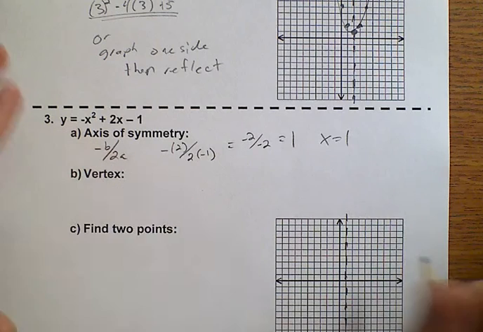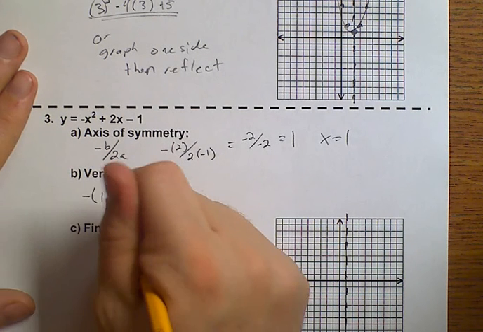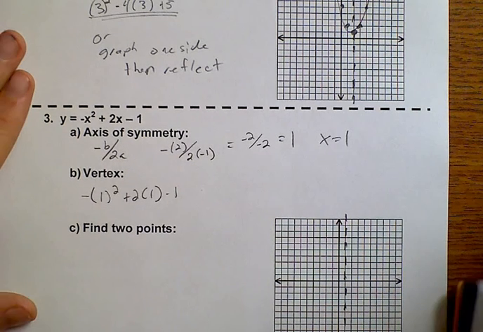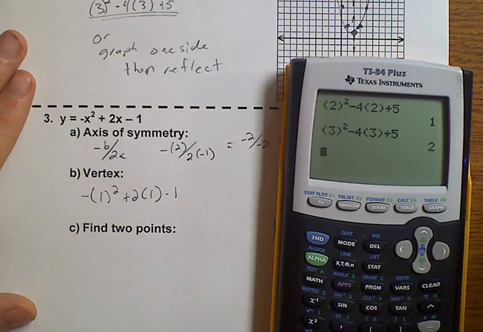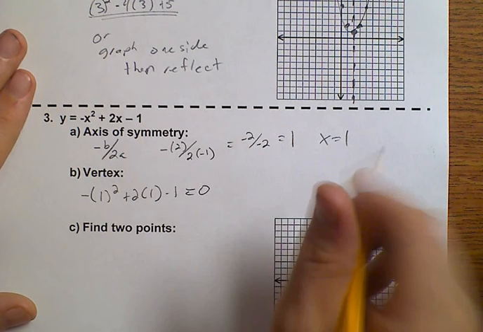My vertex, negative 1 squared plus 2 times 1 minus 1, is 0. So my point is at 1, 0.